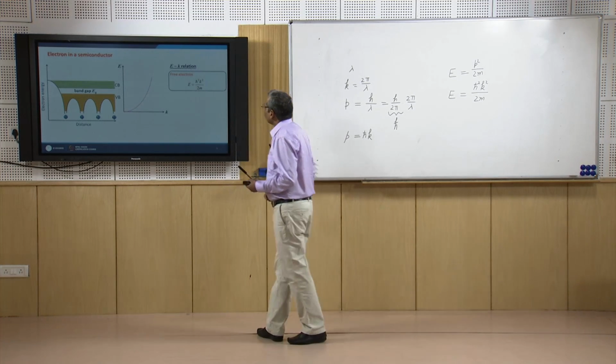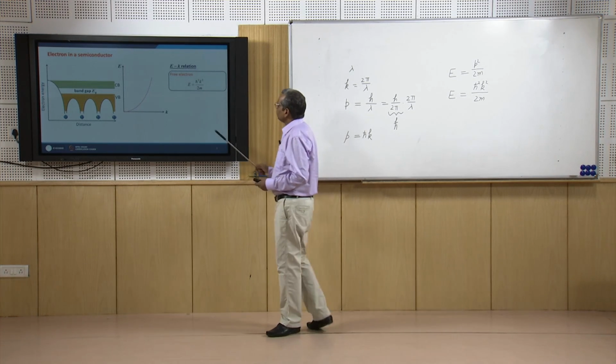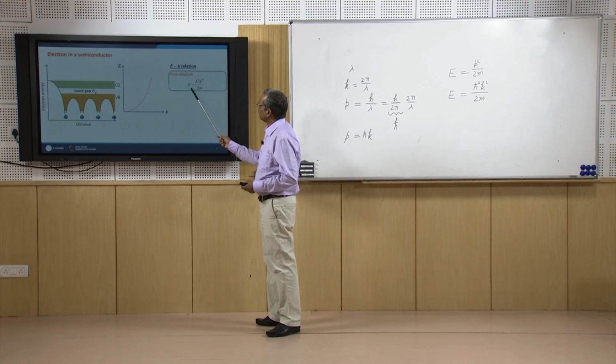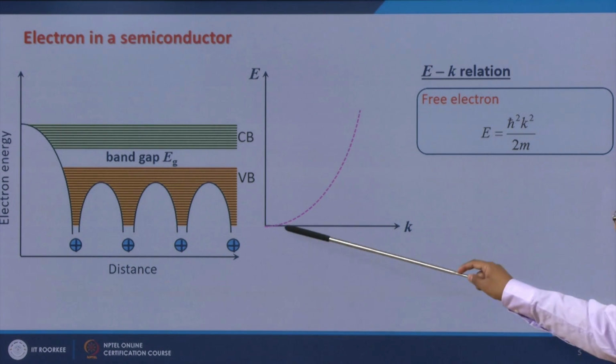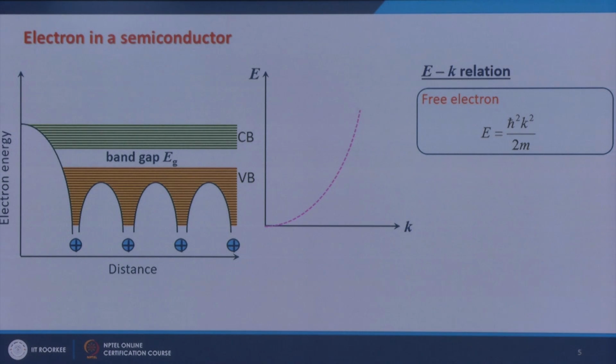Then the relationship between the energy of the electron and k, which is the wave vector associated with the de Broglie wave of the electron, is given by E is equal to h cross square k square over 2m. So, if I plot it, then it goes like this, it is parabolic.